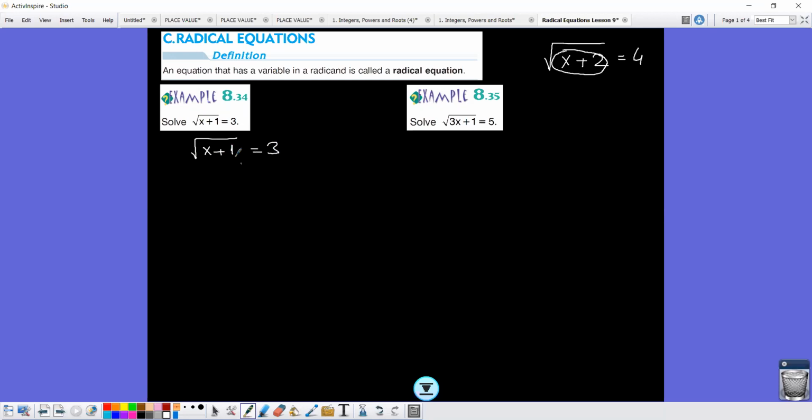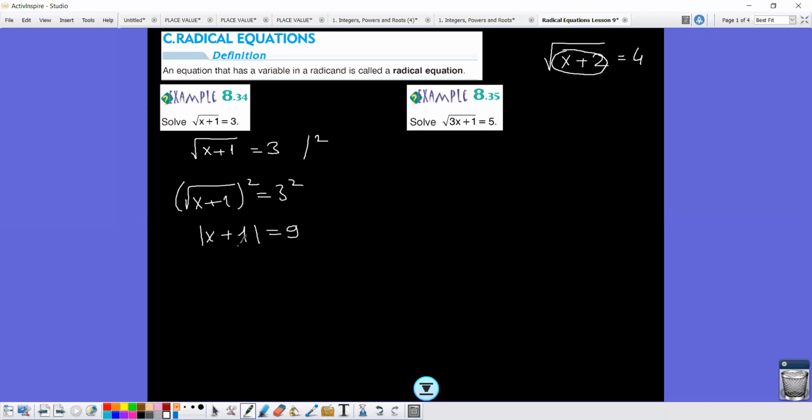If I want to find x inside, I can square both sides. Then I will have the square root of x plus 1, squared, equal to 3 squared. The square root and the square cancel each other, and we have, in absolute value, x plus 1 is equal to 9. Am I right?